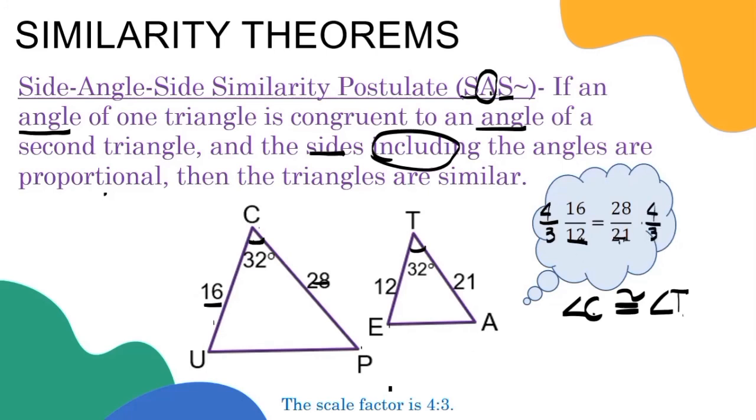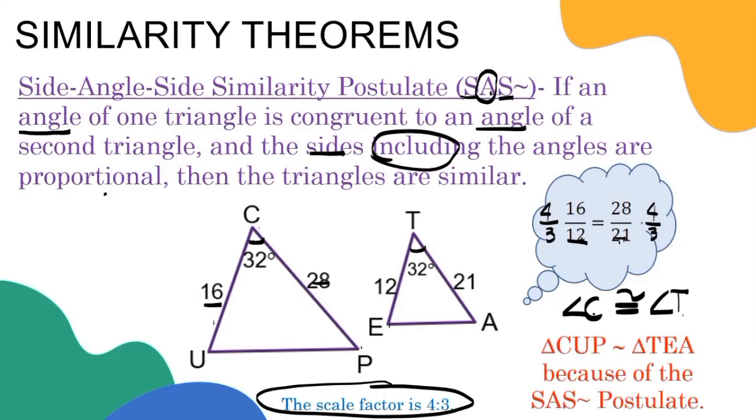The scale factor is 4 is to 3 because that is the ratio of their corresponding sides. So therefore, CUP is similar to TEA because of side angle side. The given are side angle side. Same with this one, side angle side.